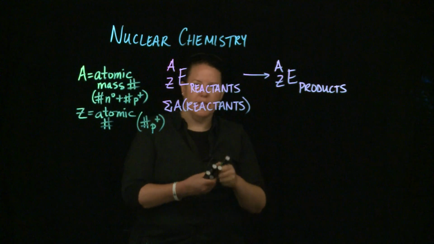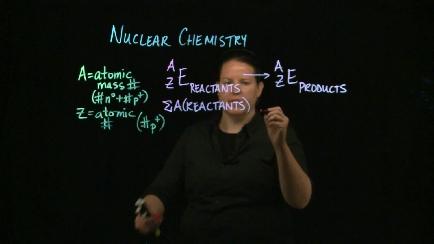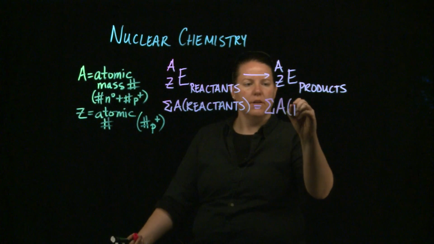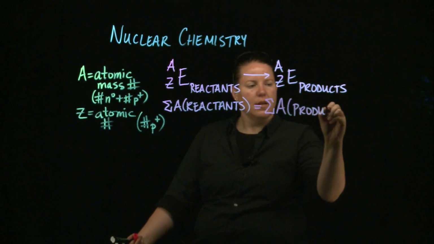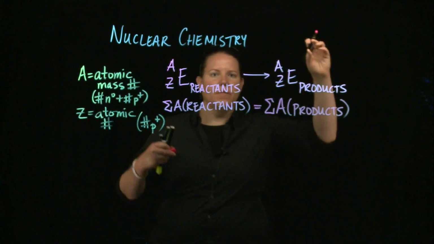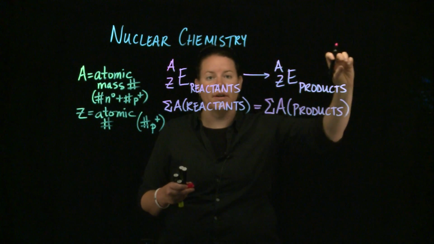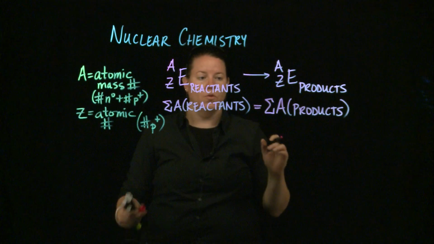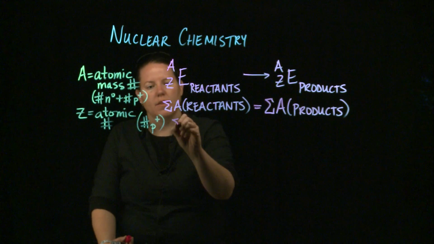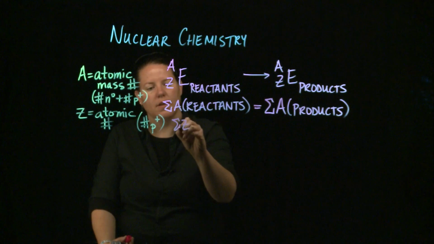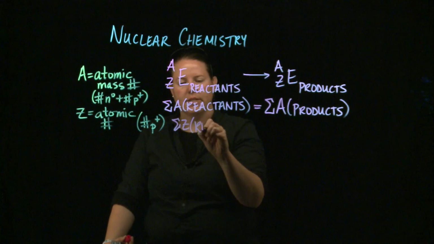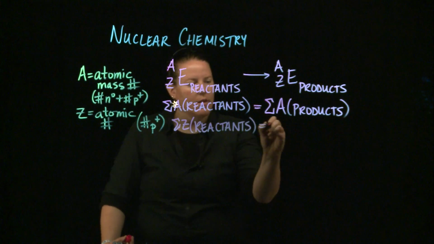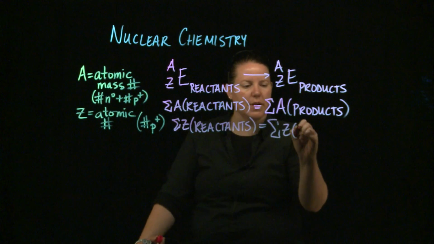Okay, so when I balance a reaction, what that means is the sum of the A's of the reactants have to equal the sum of the A's for the products. In other words, if I add all of the mass numbers of all of the reactants and all of the products together, they have to equal the same number, where the arrow is. The sum of the atomic numbers of the reactants have to be exactly the same as the sum of the atomic numbers of the products as well.